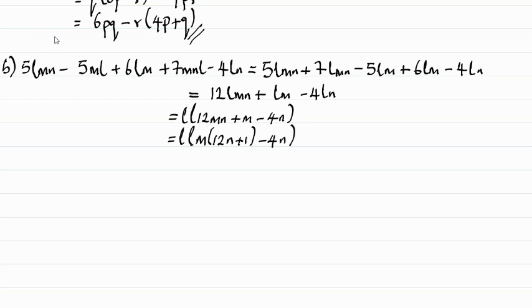If we're asked to factor out both l and n, our answer ends up becoming l bracket open, n bracket open, 12m minus 4 bracket close plus m bracket close.